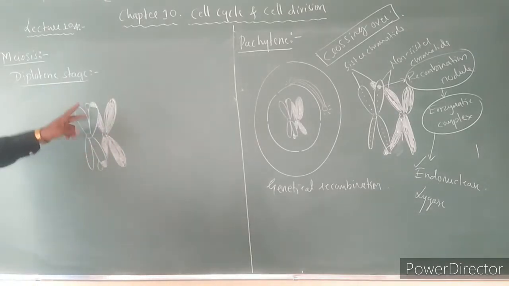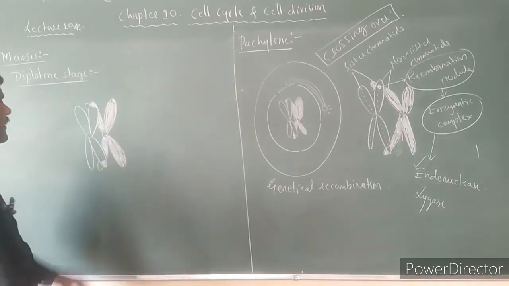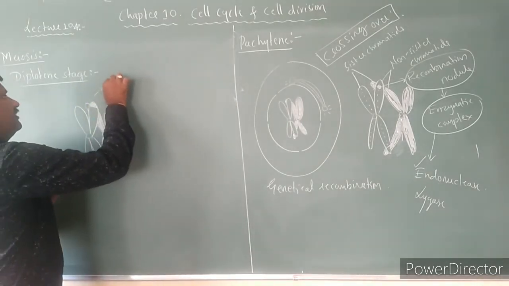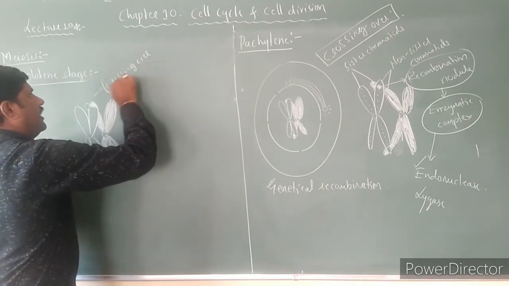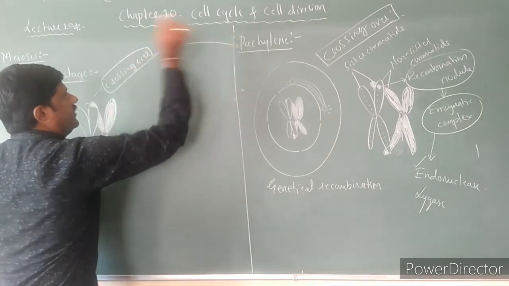See here, the exchange of the chromatids takes place, and this process itself is called crossing over. So that takes place in case of pachytene.